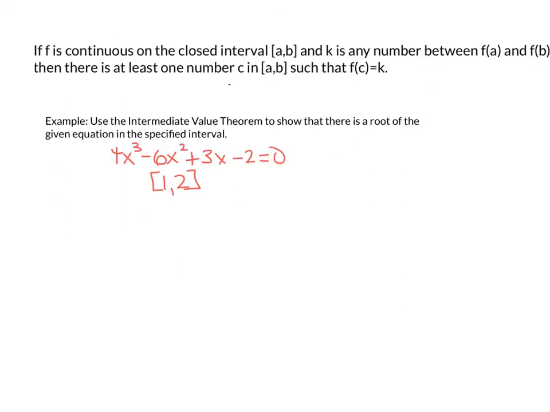So our intermediate value theorem example is right here. By the way, I put the theorem at the top because we're going to refer back to it. When it says that there is a root of the given equation, basically what that means is they're saying that if f of x was equal to this thing right here, then there would be a value where f of x is equal to 0.